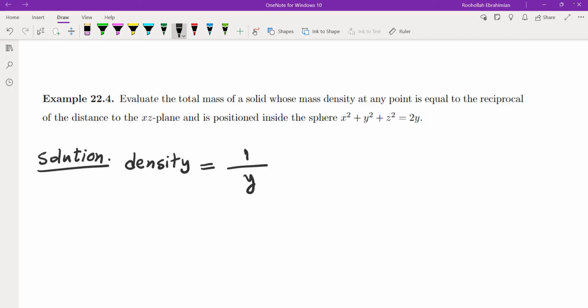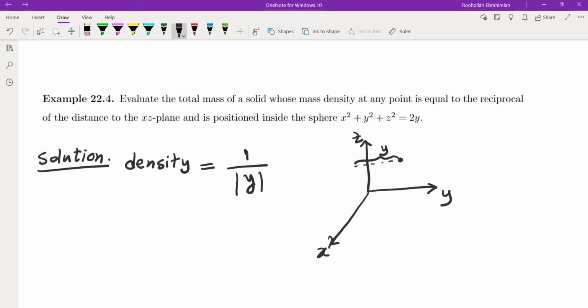Assuming that y is positive, it would be y. So in fact, it's always 1 over absolute value of y. The distance to the xz plane is just the y value, but since y could be negative, it would be 1 over absolute value of y. So that's first finding the distance to the xz plane, which gives us the mass density.